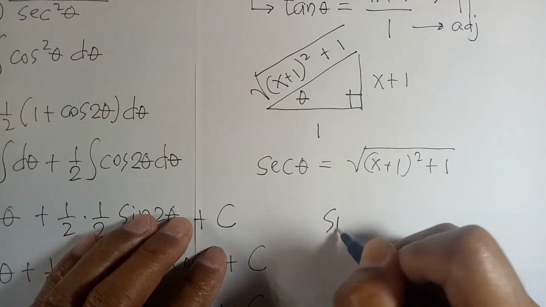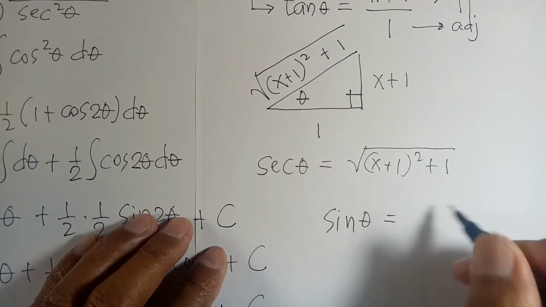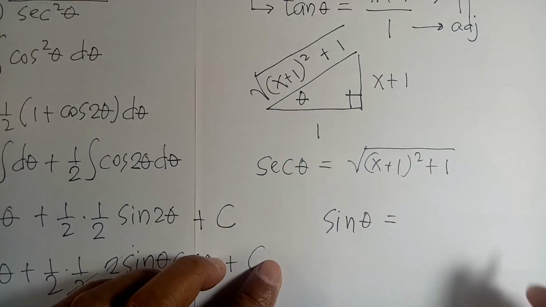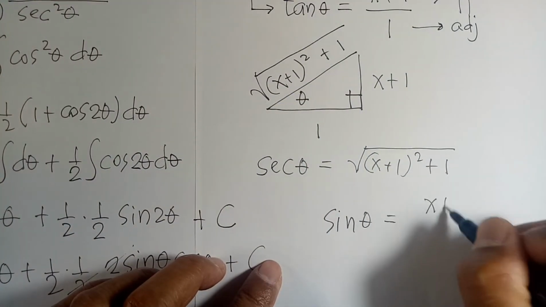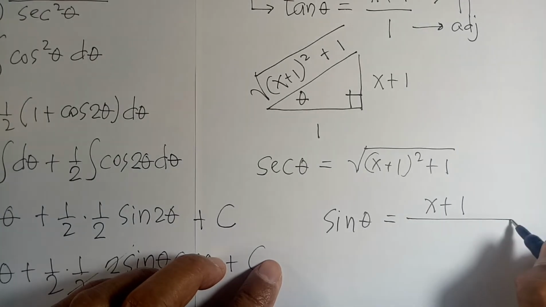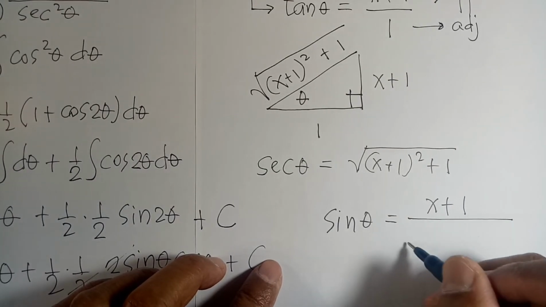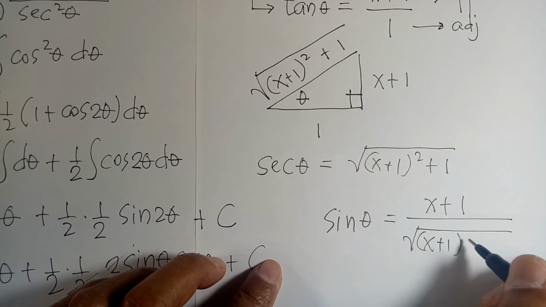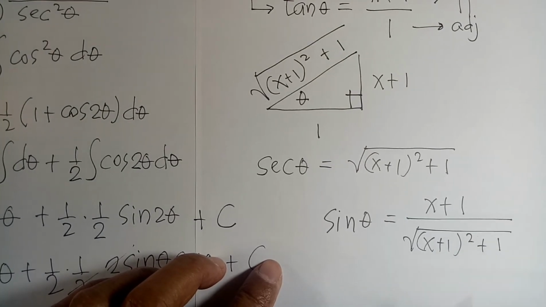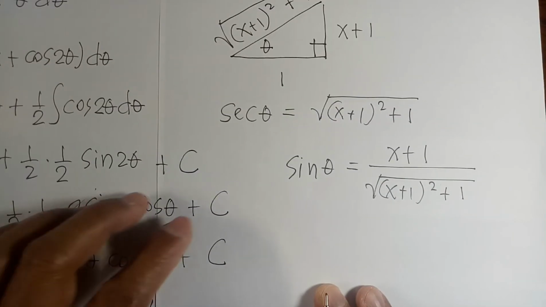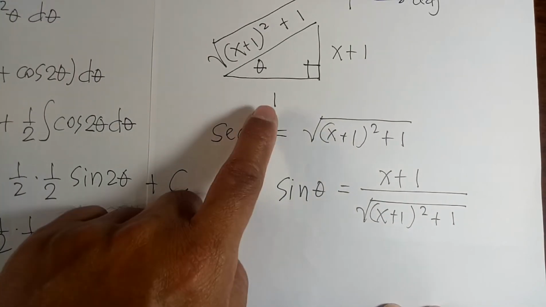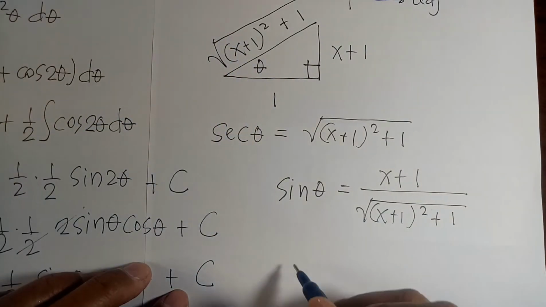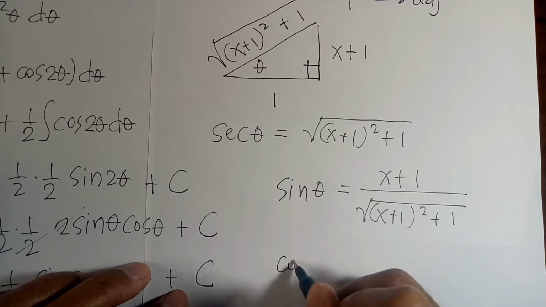So, yung sin theta, equal siya sa opposite divided by the hypotenuse. No? Kaya magkakaroon tayo ng x plus 1 divided by the hypotenuse na square root of x plus 1 squared and then plus 1. Ano naman yung cosine theta? So, yung cosine theta, adjacent side divided by the hypotenuse.